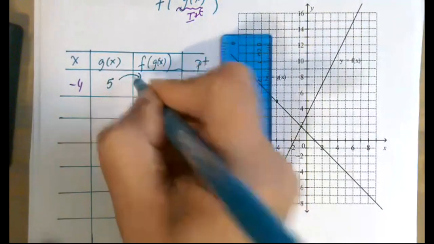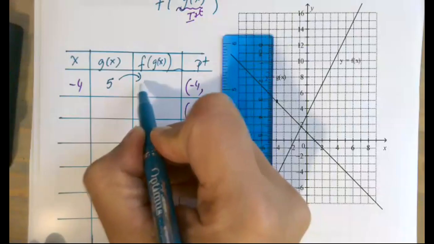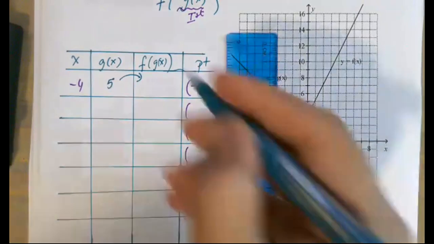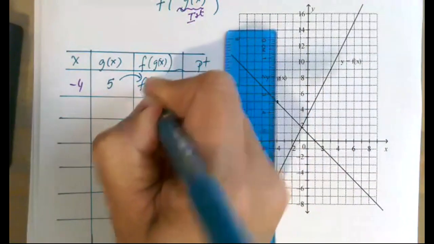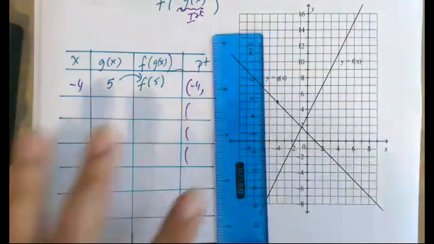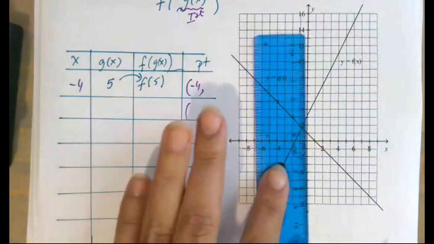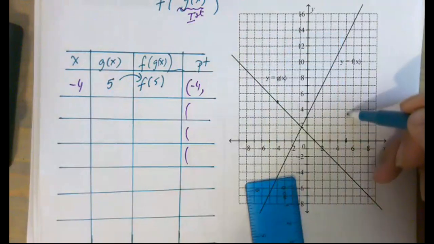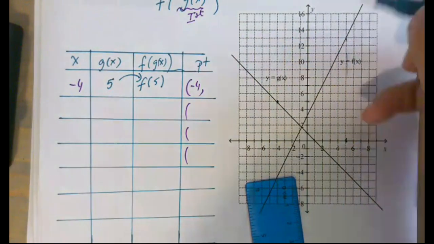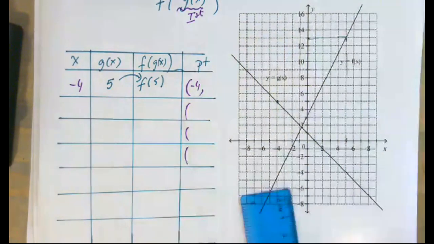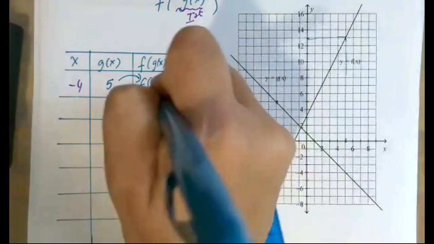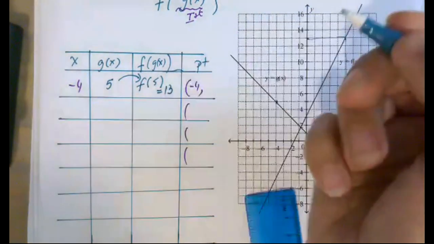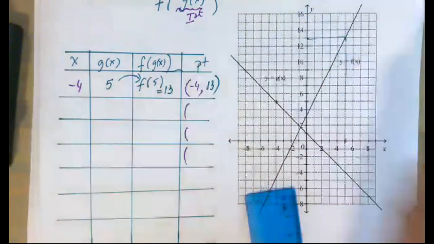The next one, though, follows straight into f of. So I'm not doing f of -4 anymore. So I'm not reading it from the next point. I have to do f of 5. So that means now my ruler has to move to 5 and read the function value of f at 5, which is 13. So now the point is -4, 13.